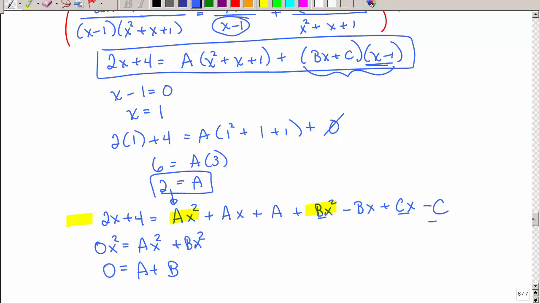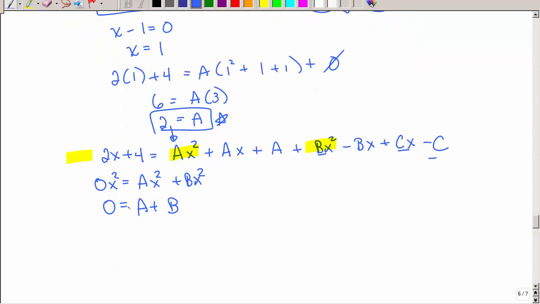That's nice. Why is it nice? Because I know a is 2. So that means b is negative 2. That's pretty good. So I just need c. Well, how about my x's? I have x, x, x, and x. Or maybe I should have chosen my constants. Let's look at that one.